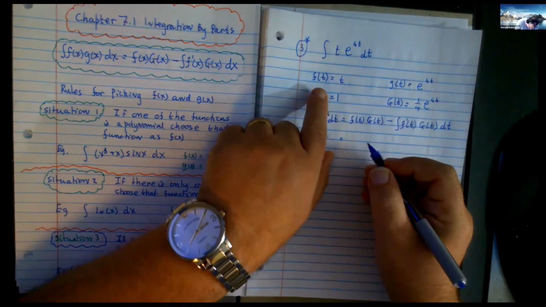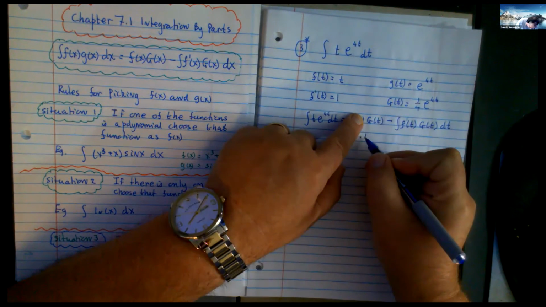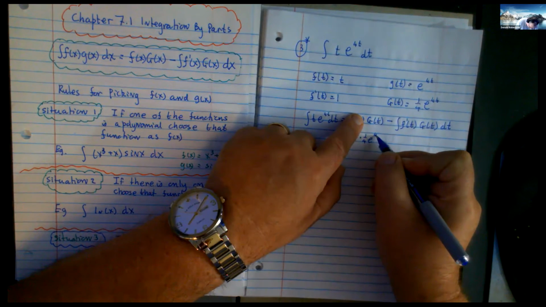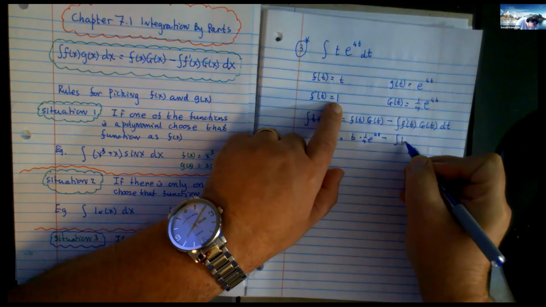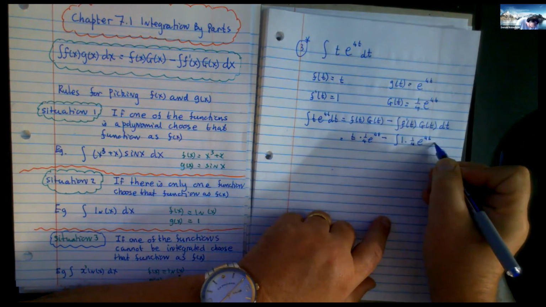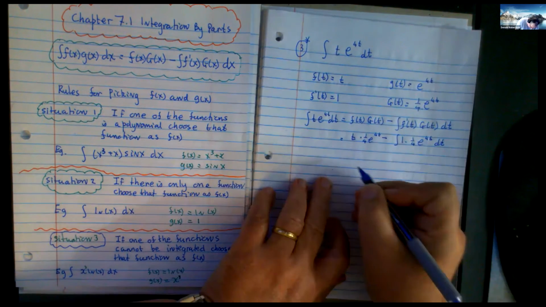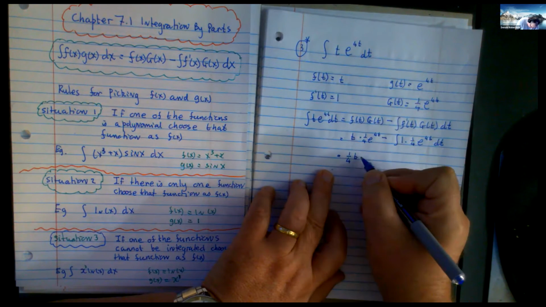And this thing is t, and this thing is a quarter e to the 4t, take away the integral of 1 times 1/4 e to the 4t dt. Now make it look a little bit prettier. So that's what we get here.